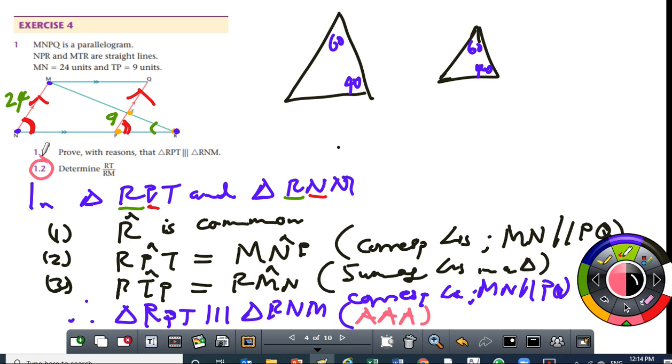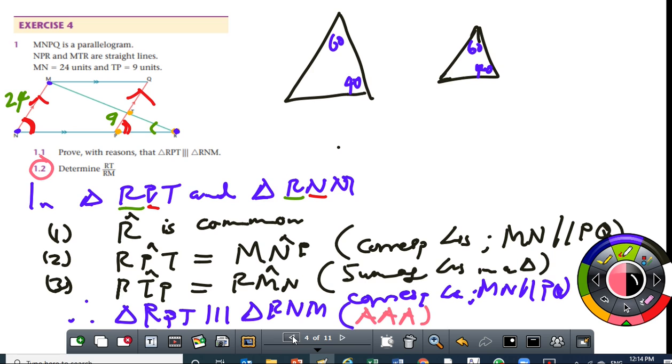So the next one, 1.2, I'll say, if you look at this diagram here, once I prove that these two triangles are similar, right? So it means that RP over RN is going to be equal to PT over NM. Also, it's going to be equal to RT over RM. You remember this from grade 8 and 9.